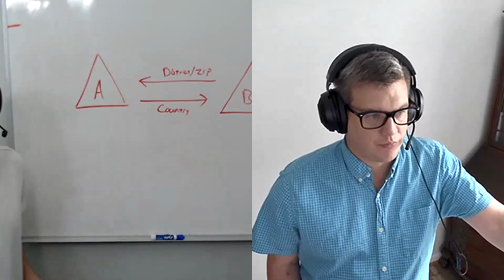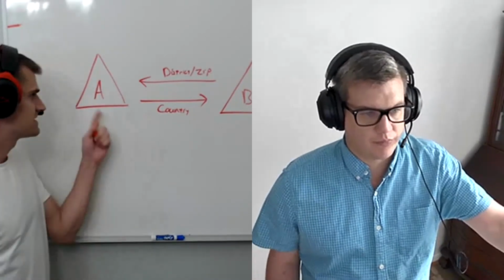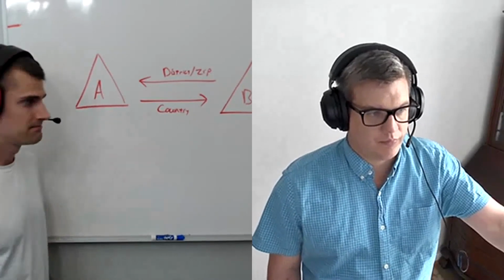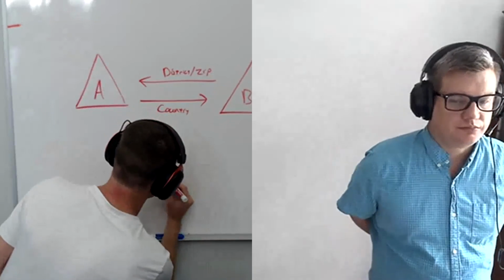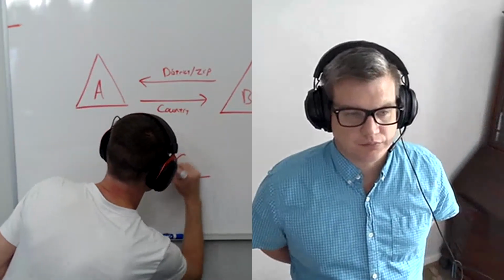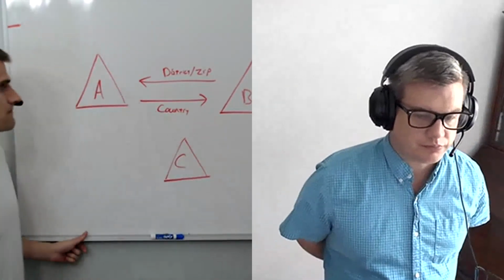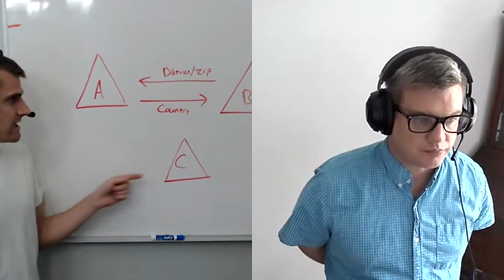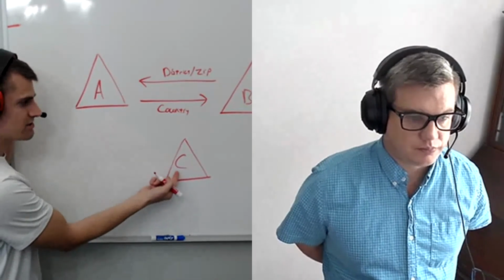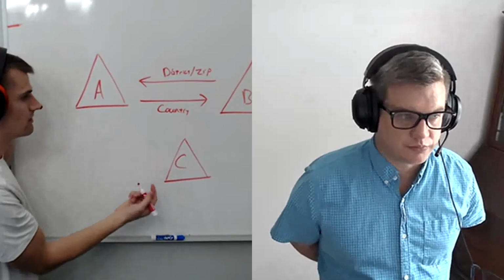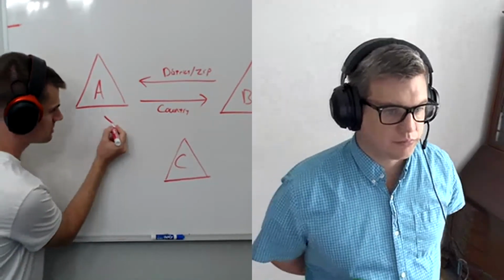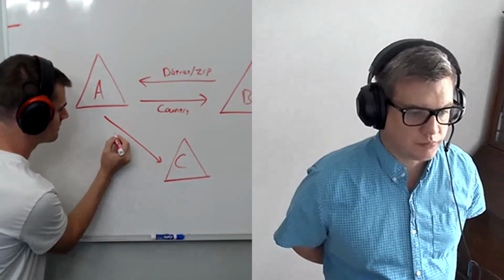All right. So another scenario that I would like to introduce is, let's say Team A meets another team, Team C. So Team A says, okay, we want to join a relationship with you. We know you very well, and we trust you a lot. And so we're going to go ahead and share our village level data with you.